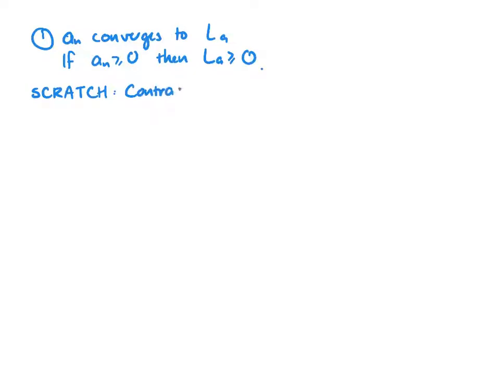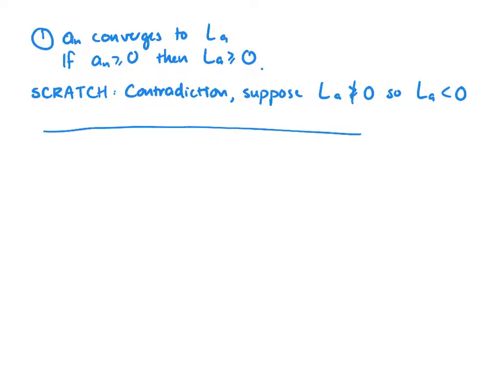So, contradiction. Suppose L sub A is not greater than or equal to 0. So that makes L sub A less than 0. Negative. Okay, so then what are we saying? Here's a number line, right? Here's where 0 is. L sub A is less than 0. All the A sub n's are over here, right?